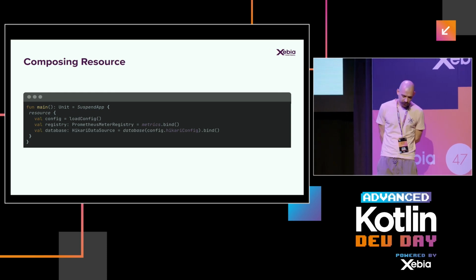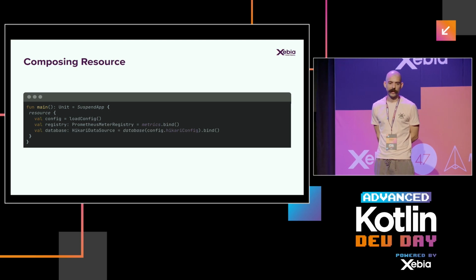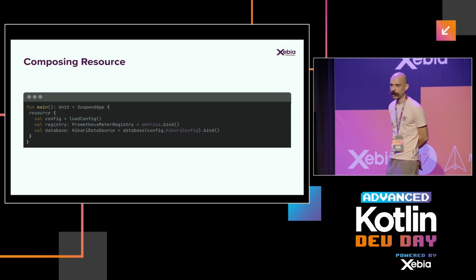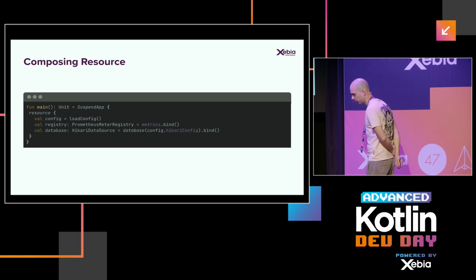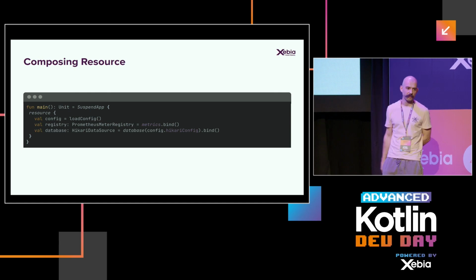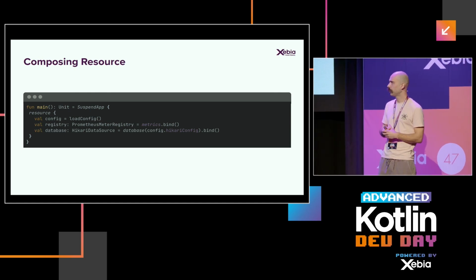So how does our main method change? And for those that are familiar with Arrow, this might look a little bit familiar, but I will try to improve this pattern as much as possible. For those that were at Alejandro's talk before, we want to simplify things as much as possible. So let's do exactly that.